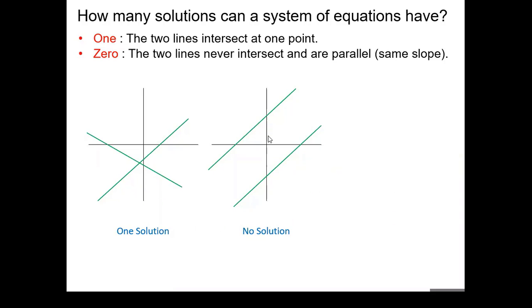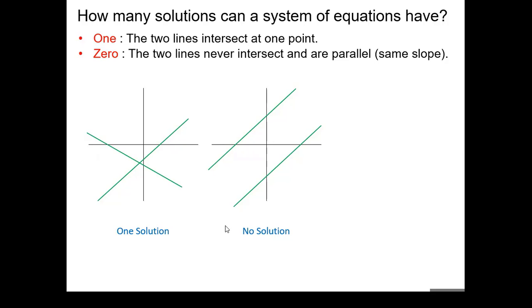But now the question is, could we have a situation where we get two solutions or three solutions or five solutions? And you should realize that the only way that could happen is if the graphs curved around and hit the other graph multiple times. But since all of these equations are going to be lines, lines don't curve.